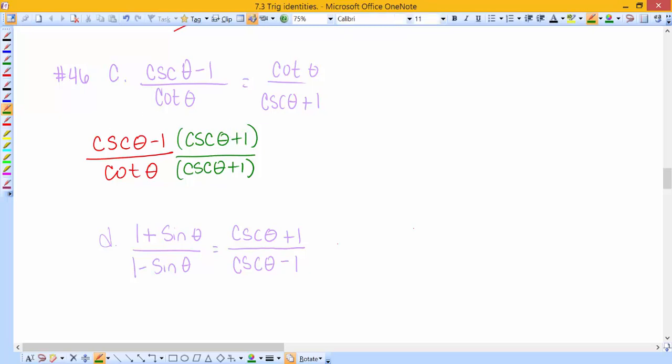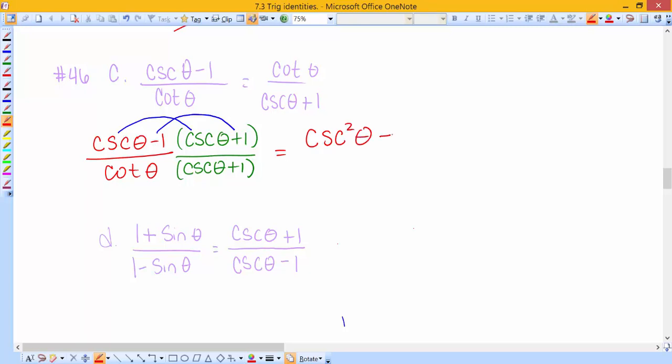So the top, now this is going off of yesterday's notes, so I'm going to do stuff a little bit quicker. I'm going to multiply cosecant times cosecant and negative 1 times 1. Cosecant times cosecant is cosecant squared.